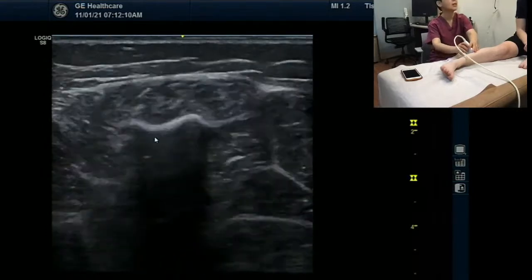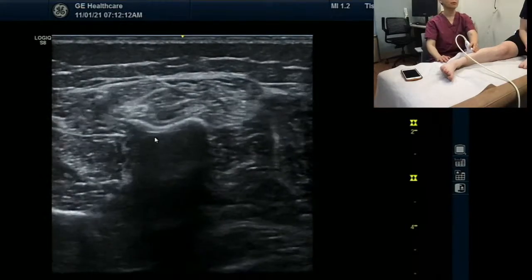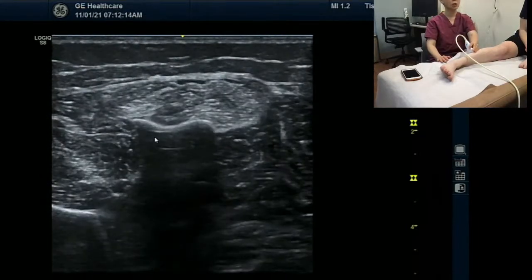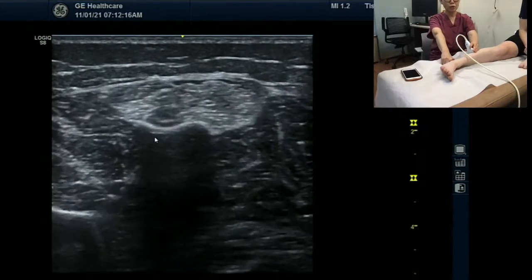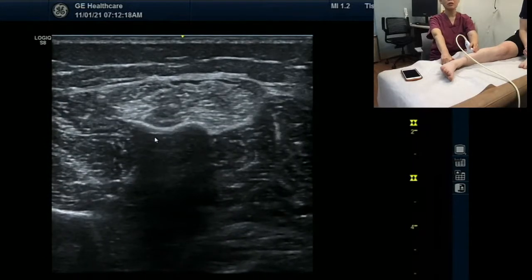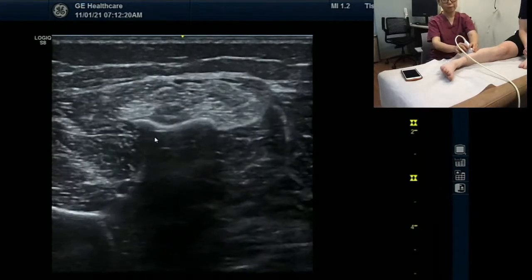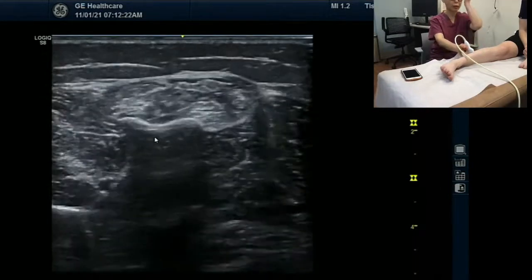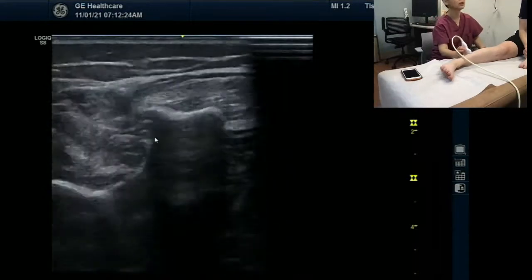So you can see absolutely beautiful peroneus brevis almost alone. By the time you scan down to the lateral malleolus, you only see the fibula and the peroneus brevis. So I'm going to go down continuously.